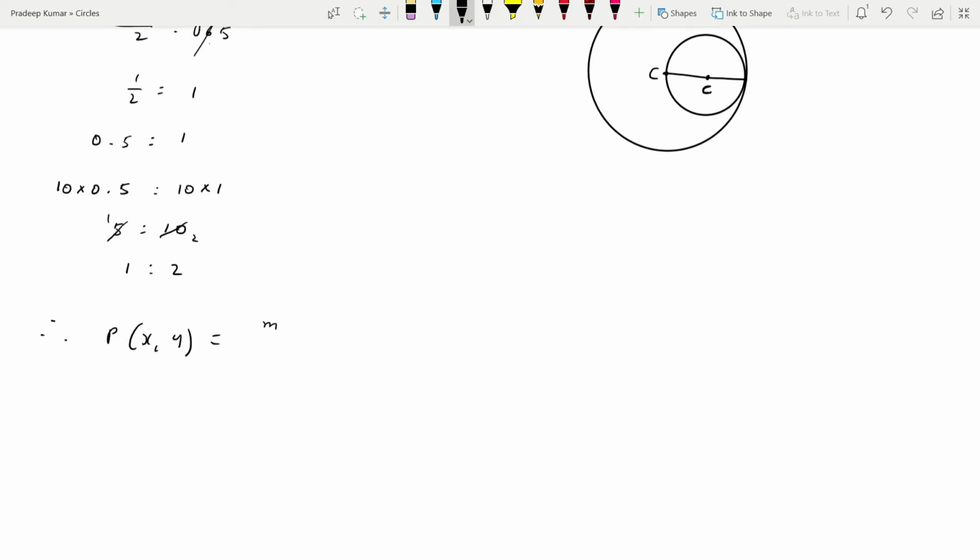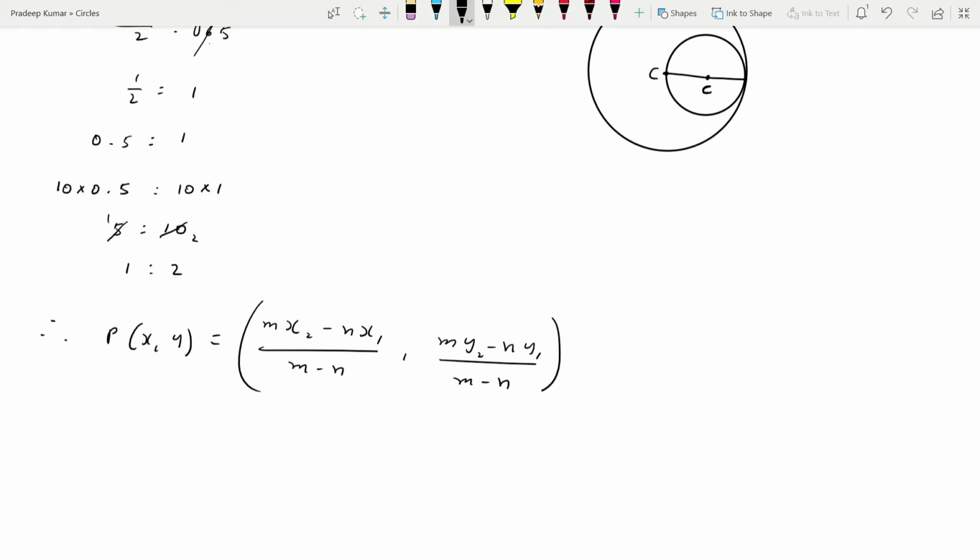As they are touching internally, I can write (mx2 minus nx1) by (m minus n), and (my2 minus ny1) by (m minus n). This is the formula we use whenever we have to find the point when the circles are touching internally. When the point is external, we'll use a different formula.